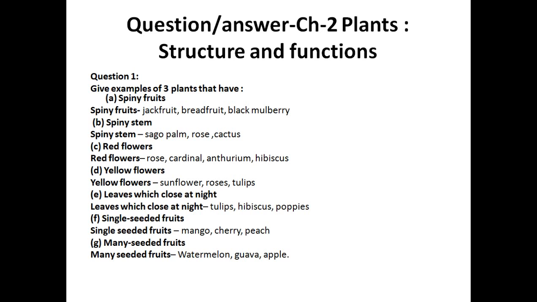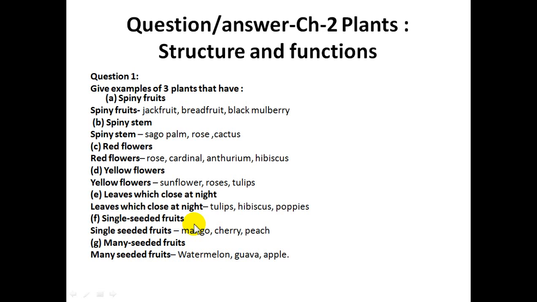Single seeded fruit. Single seeded fruits, examples are mango, cherry, or you can say monocotyledonous seeds are known as single seeded fruit. Examples are mango, cherry, peach, and there are lots more examples. Maize, you can see. Okay, many seeded fruits. The fruits which have many seeds are watermelon. Okay, I'm so sorry.